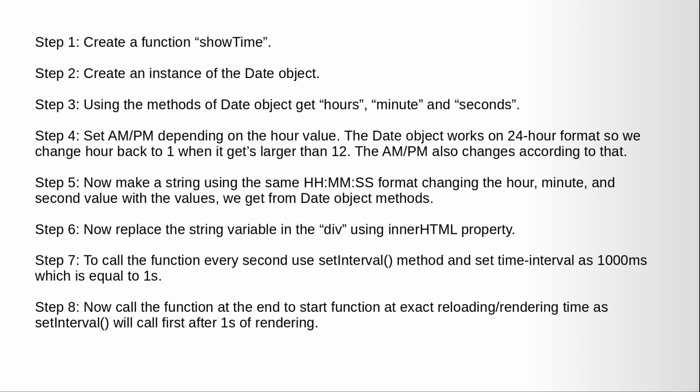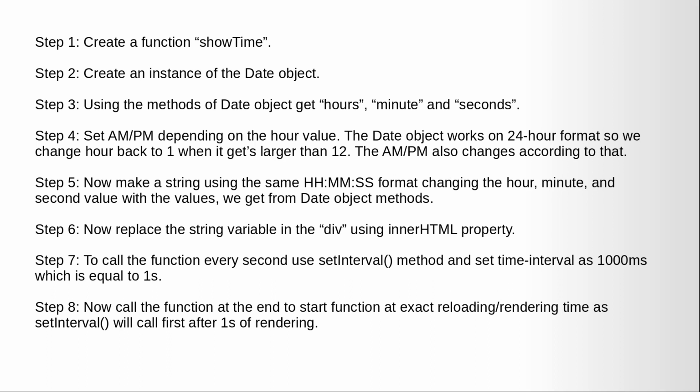Step 5 is to make a string using the same HHMMSS format, changing the hour, minute and second value with the values we got from the date object methods. Step 6 is replacing the string variable in the div using inner HTML property.